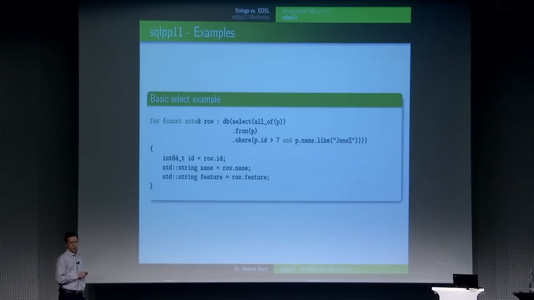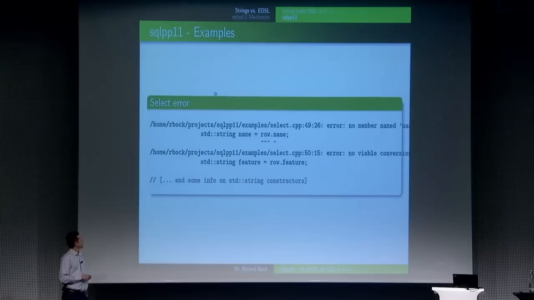So when I'm doing something wrong here in evaluating the results, similar to what we've seen in the string-based things, then the compiler again will tell us. It will tell us, in this case, that, oops, I misspelled name here. And feature is not a string.